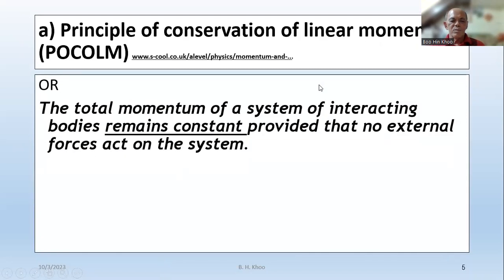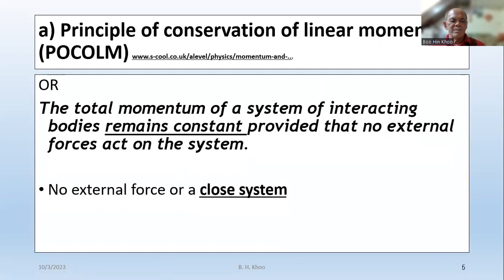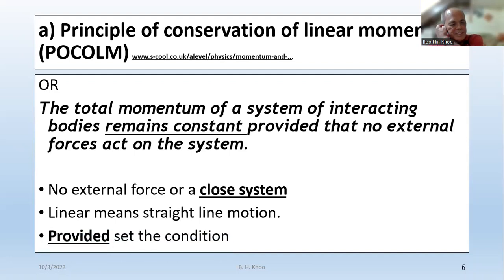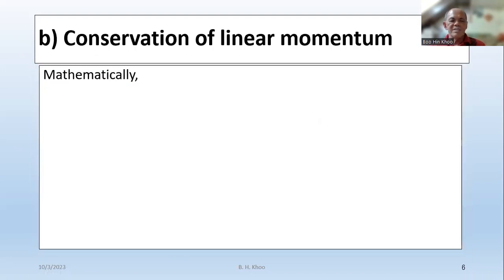Or: total momentum of a system of interacting bodies remains constant provided no external forces act on the system. No external force means it's a closed system. Linear means straight line motion, and provided sets the condition for the principle to work.